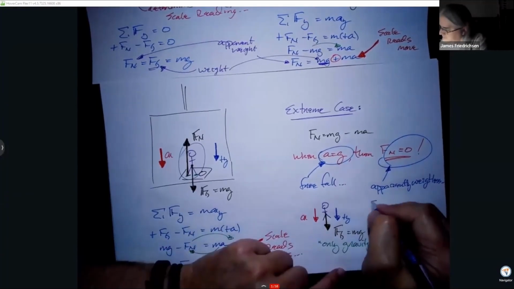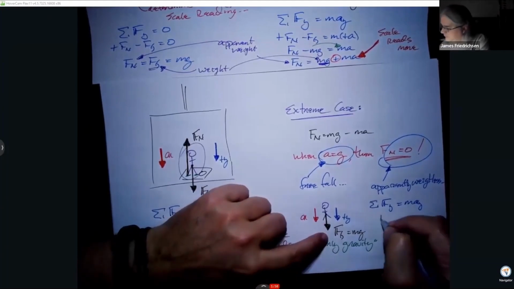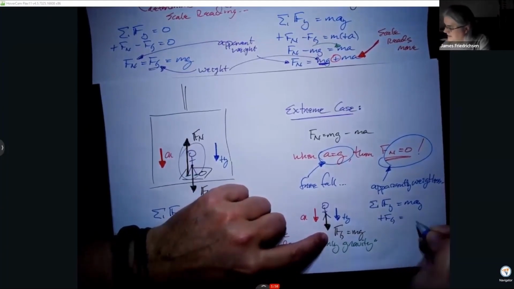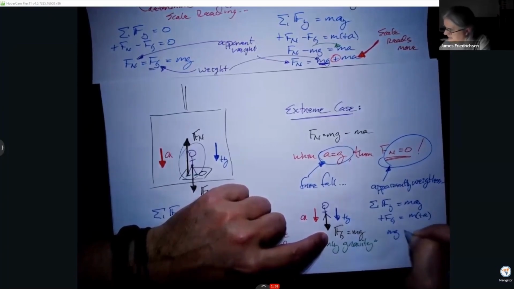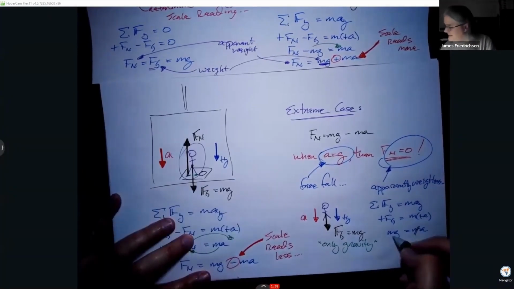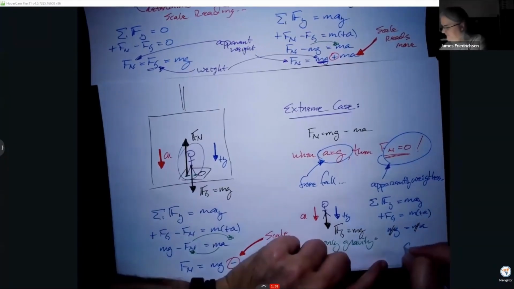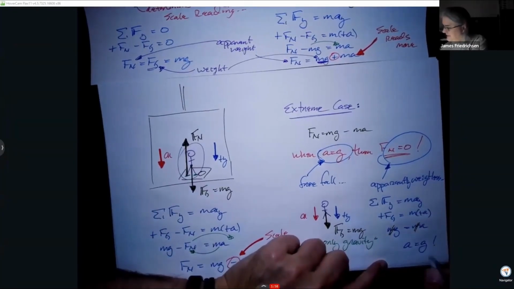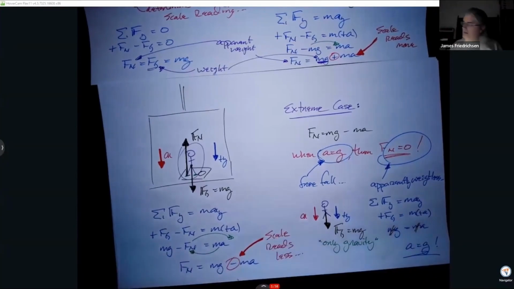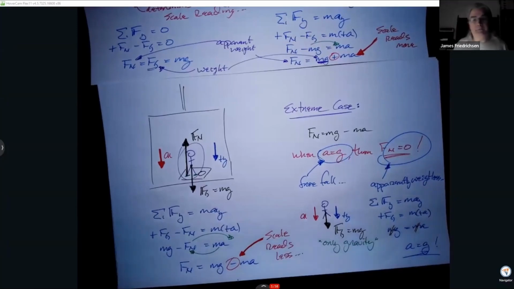Then we write down Newton's second law: the net force in the y direction is equal to m times a_y. You get plus the magnitude of the gravitational force, mg, equals m times plus a. And no matter what the mass is, a is g.